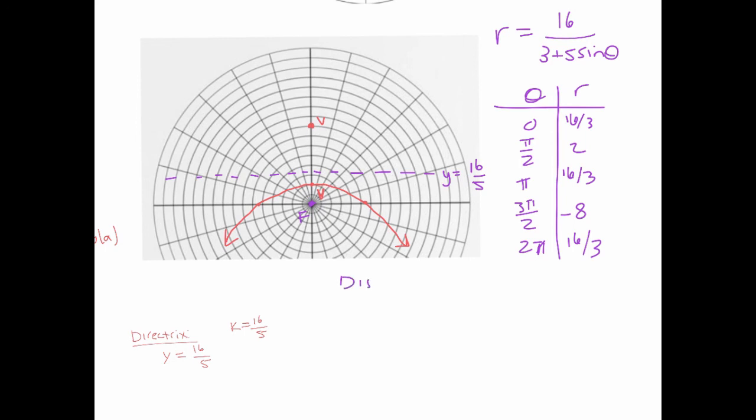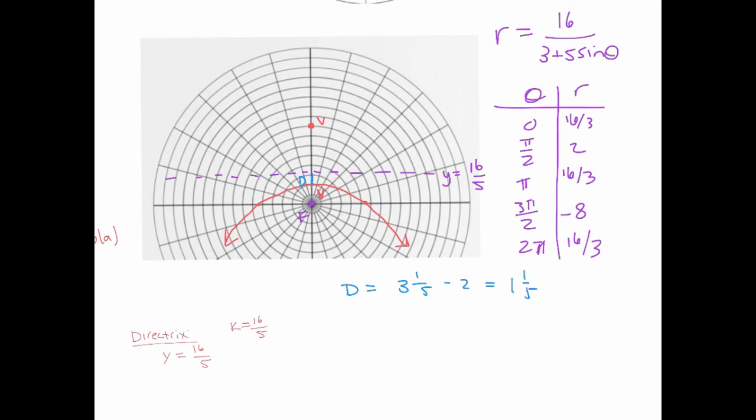So I'm just going to note distance. I'll put it in blue. This distance here in blue, we'll call that D. This distance is equal to 3 1/5 minus 2, which is 1 1/5.